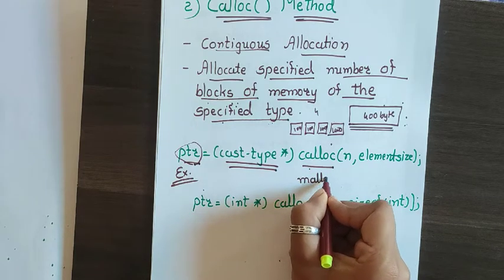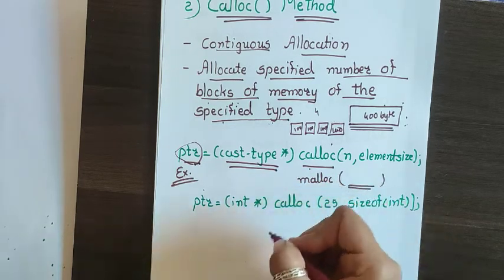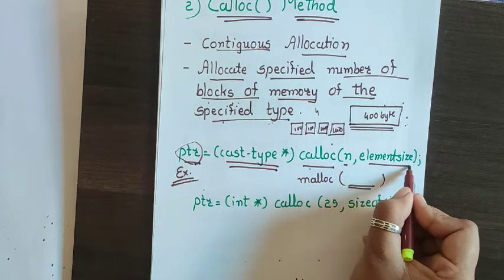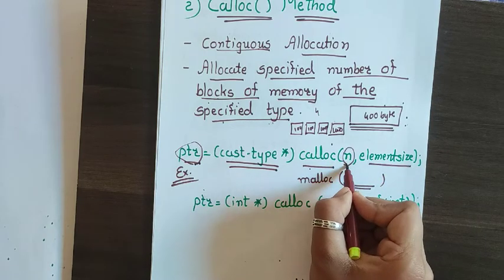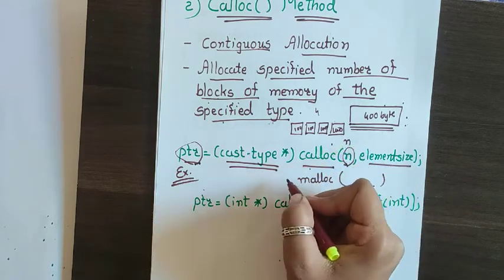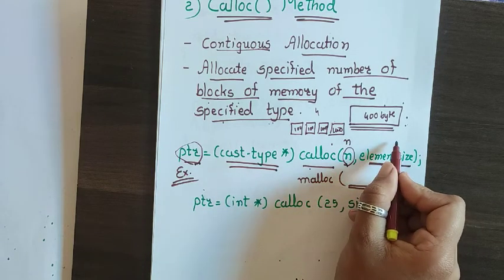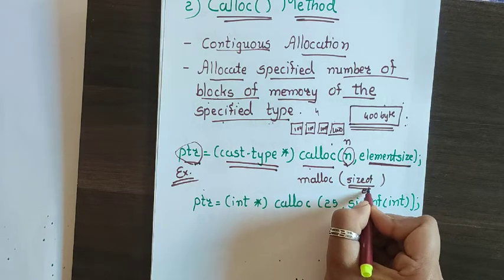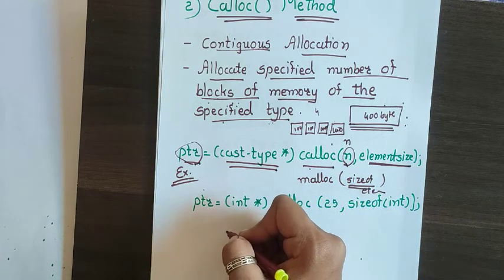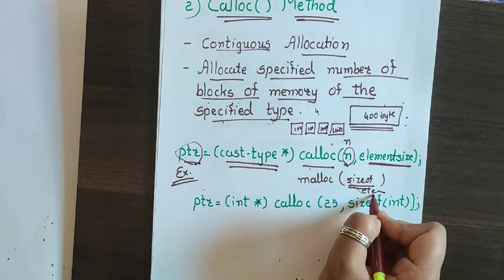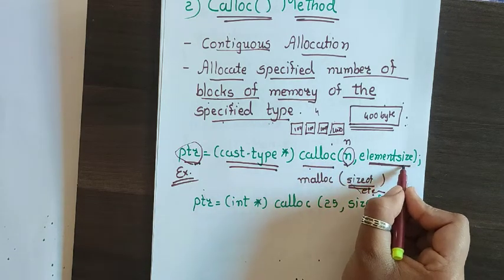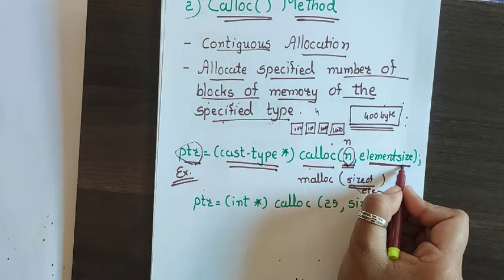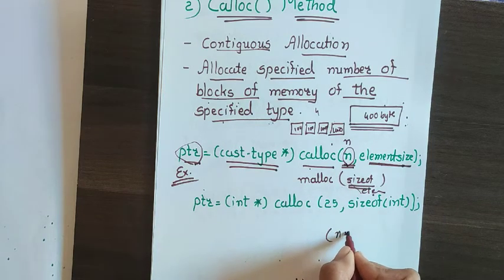Previously in malloc we passed only one parameter, but in calloc I need to pass two parameters: first the number of blocks, and second the size of each block. In malloc I directly apply the size of the element because it provides only one block of a given size, while here we have a number of blocks of a given size.